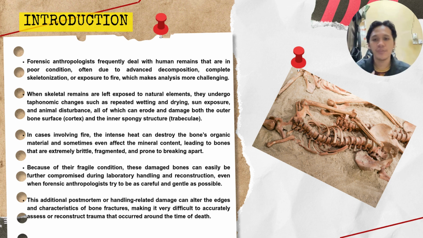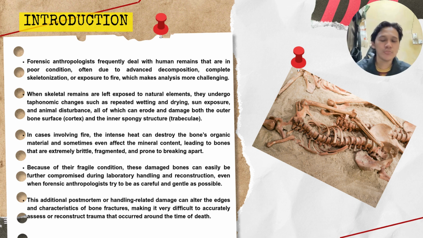In cases involving fire, the intense heat can destroy the bone's organic material and sometimes even affect the mineral content, leading to bones that are extremely brittle, fragmented, and prone to breaking apart. Because of their fragile condition, these damaged bones can easily be further compromised during laboratory handling and reconstruction, even when forensic anthropologists try to be as careful and gentle as possible.